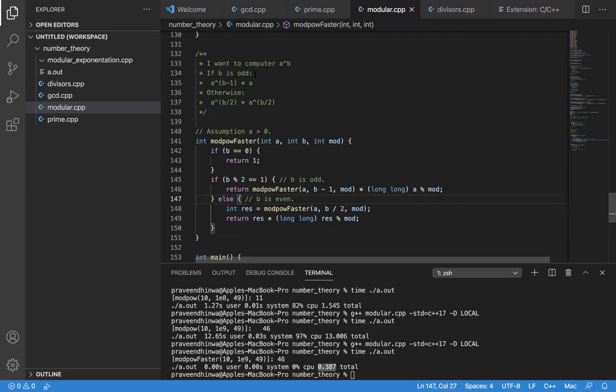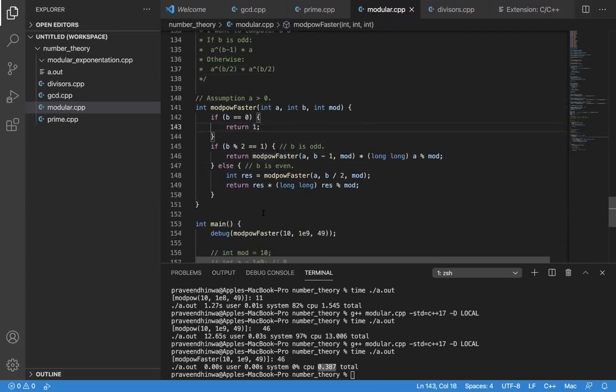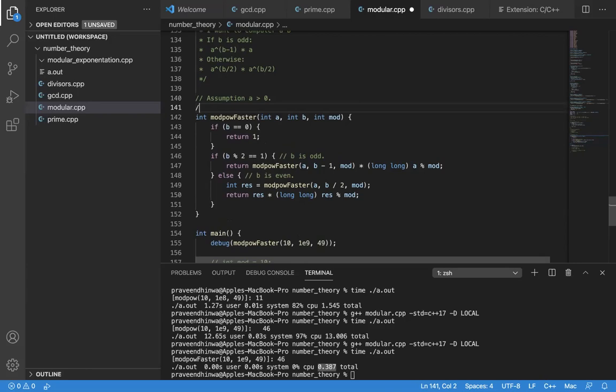You can see if b is odd, you can write it this way. If b is even, you can write it this way. This part should be absolutely clear, and you can see the implementation just follows that idea. Is everyone clear with this? Okay, cool.